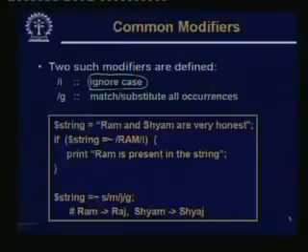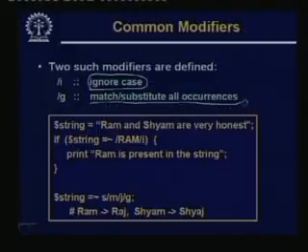By default, Perl is case sensitive. It considers small a and capital A to be different, but we can make it ignore case by giving this /i. And /g, as I mentioned before, if you give this, then it will match or substitute all occurrences of the substring. So, some small examples here.